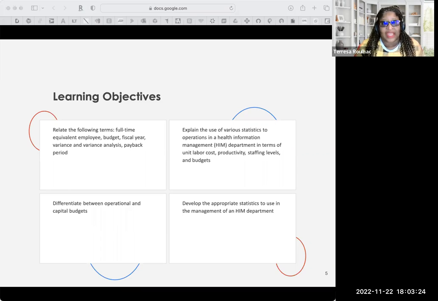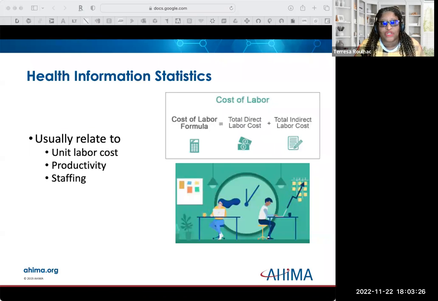department. Now, as we begin, we look at health information statistics. We start off with our FTEs. We look at the annual compensation of each employee. It's calculated by multiplying the number of hours worked per year, so ideally 2,080 for a full-time employee, by the hourly wage.